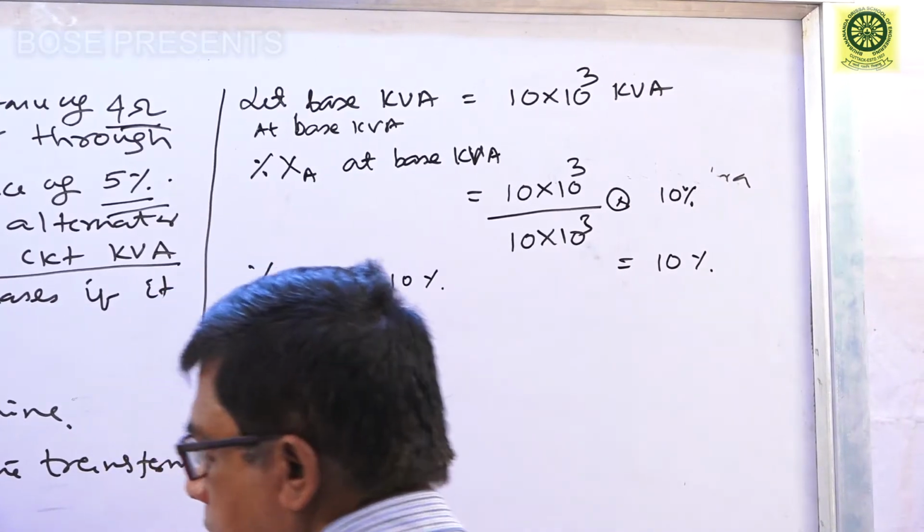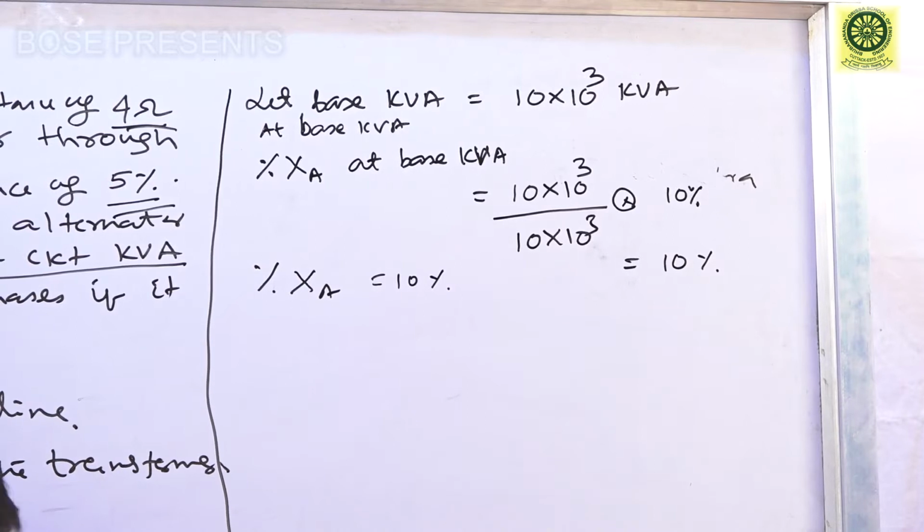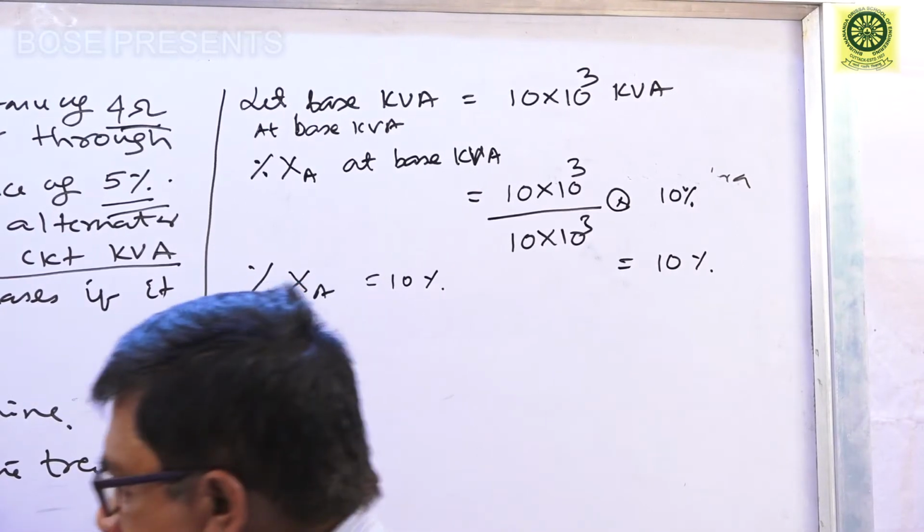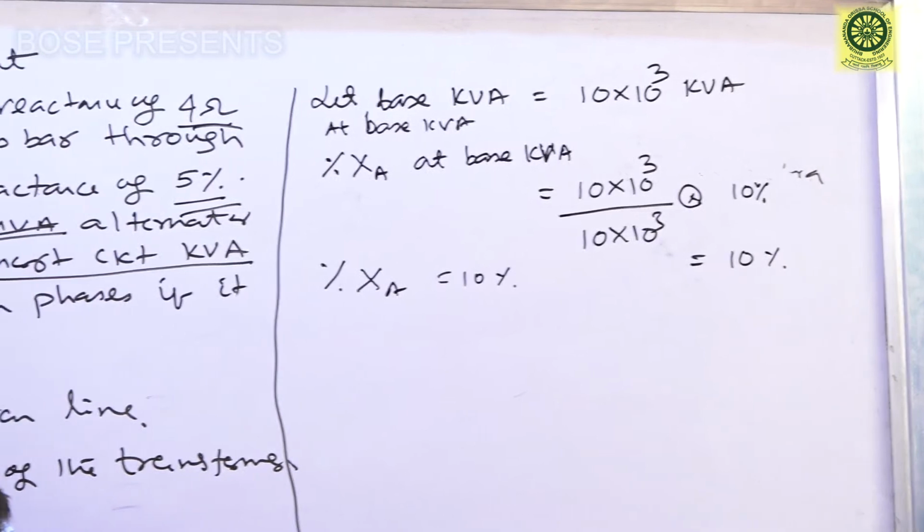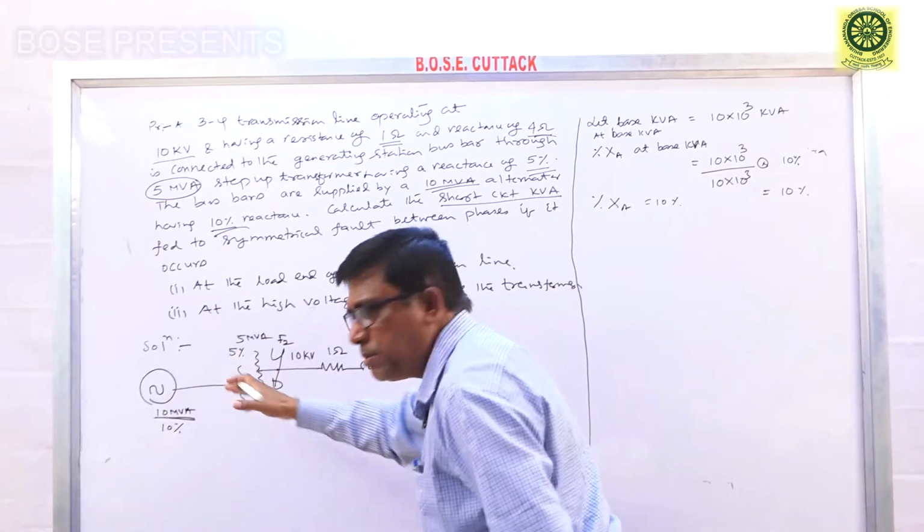Similarly, the transformer. Again you have to convert the transformer to the base kVA because its rating is 5 MVA and percentage of reactance is 5%.